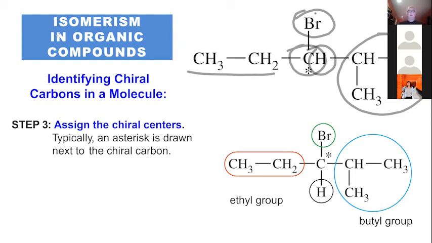That is chiral, and we typically just put an asterisk next to it. This carbon is chiral, so that is a chiral molecule. And one way we can tell whether or not a molecule is chiral, we can tell this in the lab without even taking it apart or anything.